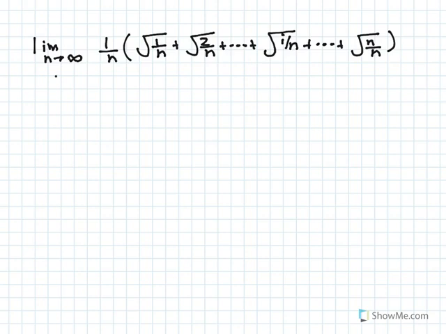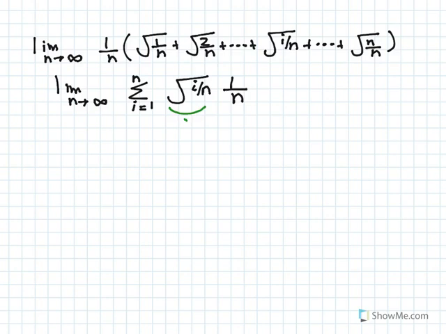So we want to rewrite this into the form limit n goes to infinity, and we're going to collapse this using the summation notation. i goes from 1 to n, root i over n times 1 over n. And this here is f of xi, that's the functional values, and this part here is delta x.